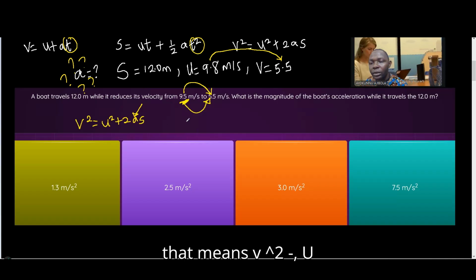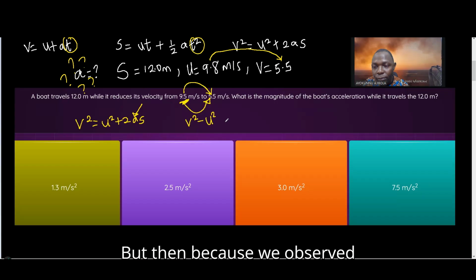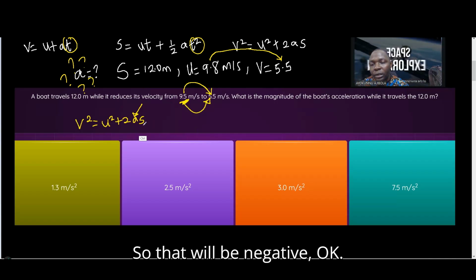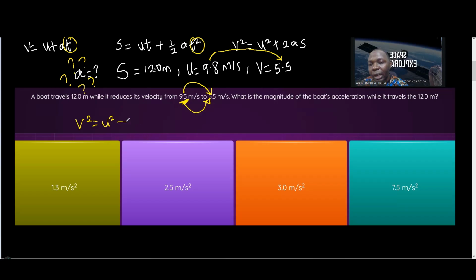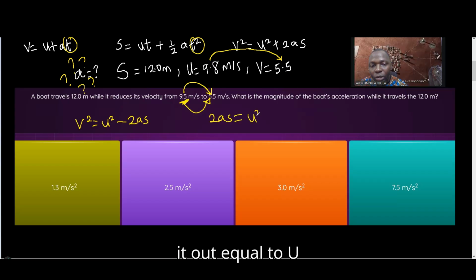So that means V squared minus U squared. But because we observe that it's decelerating, so that will be negative, okay? Yes, sir. Then we can now say 2AS, if we take it out, equals U squared minus V squared.